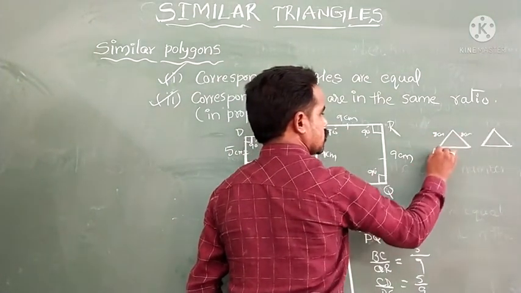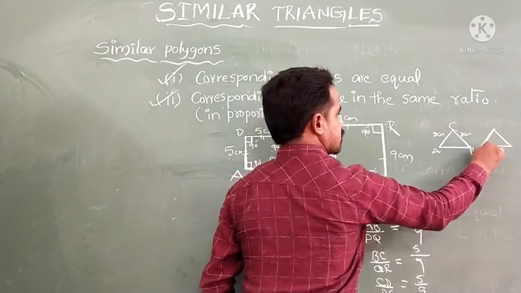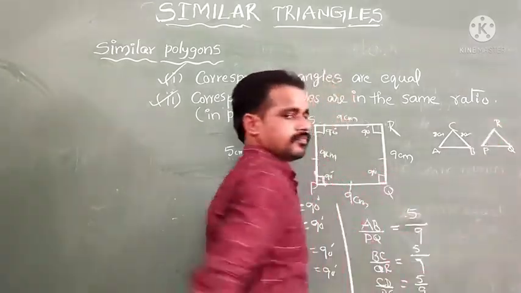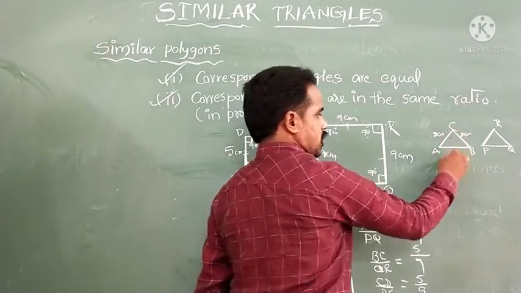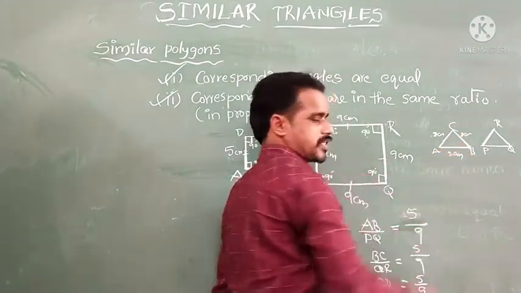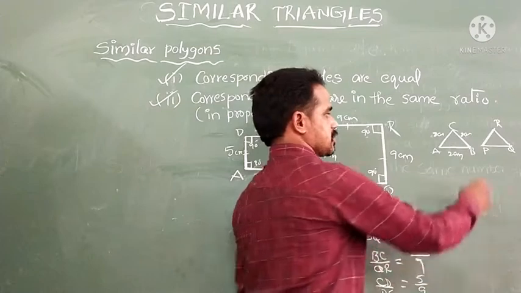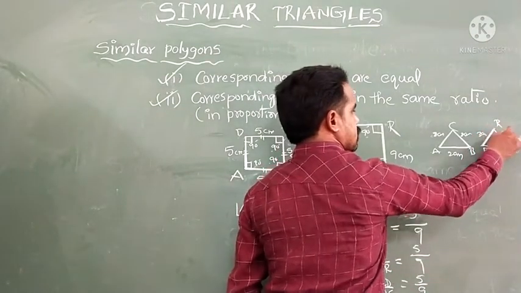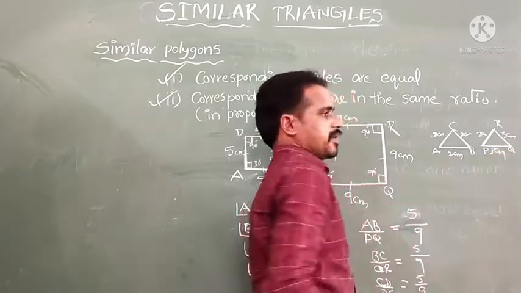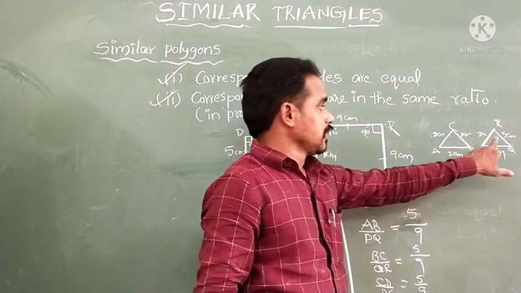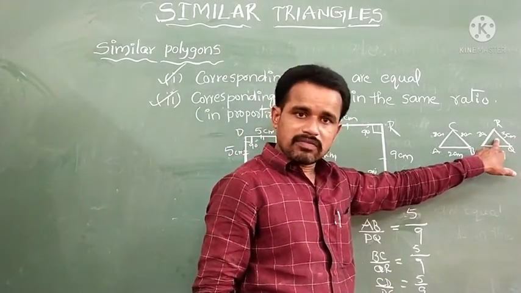This is also 2. This is ABC, this is PQR. 2 centimeters, 2 centimeters. I am taking this one as 3 centimeters, 3 centimeters, 3 centimeters. This is also one type of equilateral triangle.